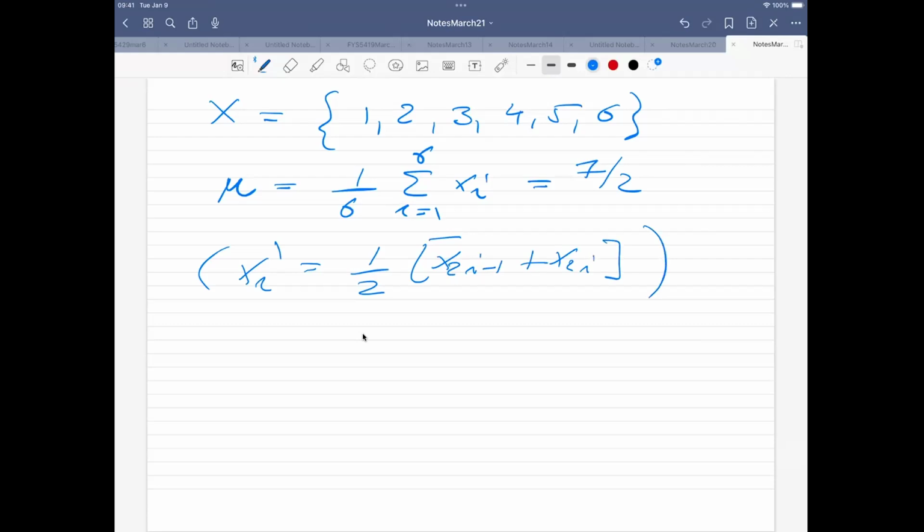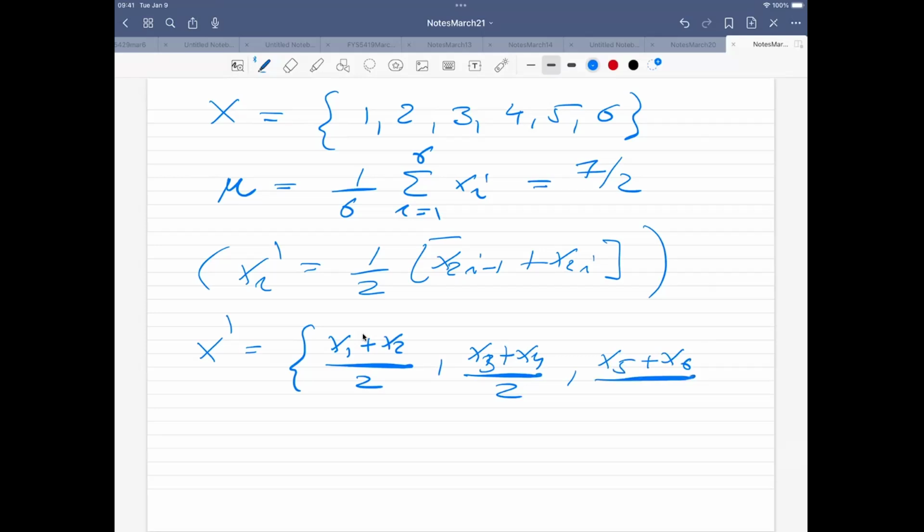I have 6 numbers, so I can split my data in 3 blocks. If I take this recipe, I can define a new data set of x1 plus x2 divided by 2, x3 plus x4 divided by 2, and then x5 plus x6 divided by 2 here.